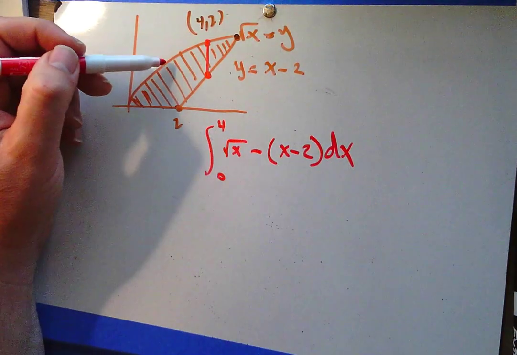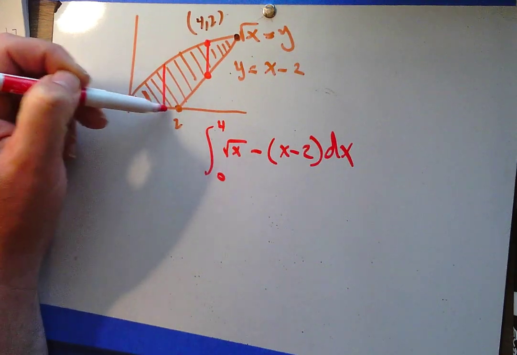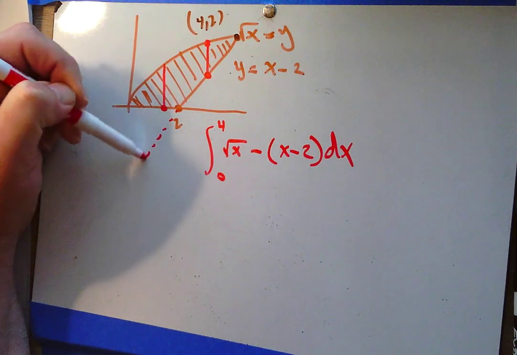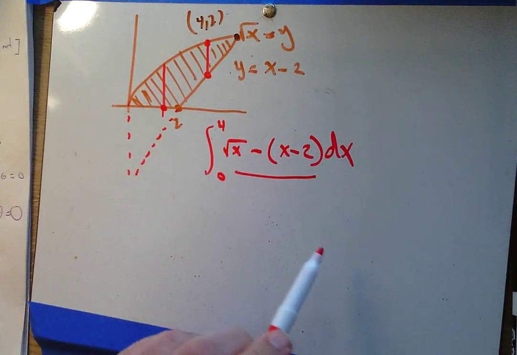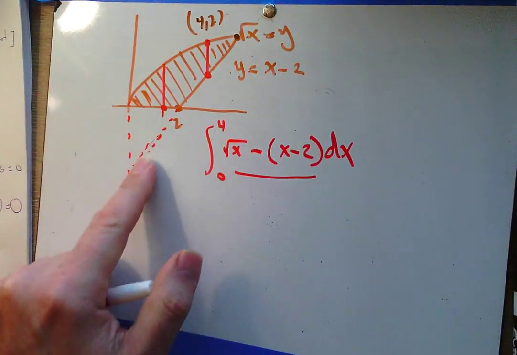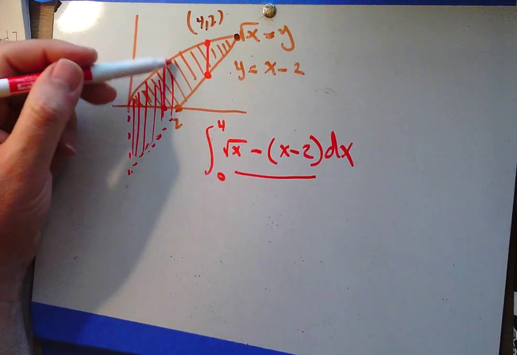But look over here. Is this that curve? No, we'd be integrating down here if we were going to do this integral. This integral takes us all the way over here, and that's not my area.